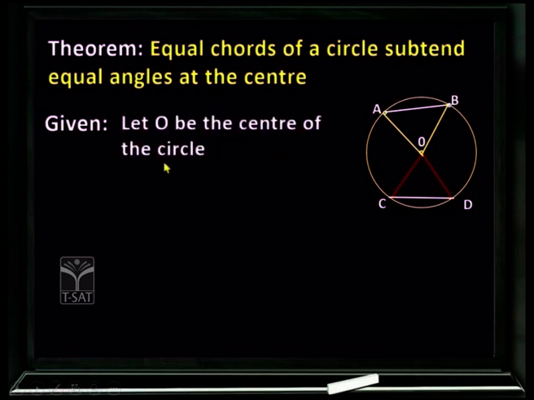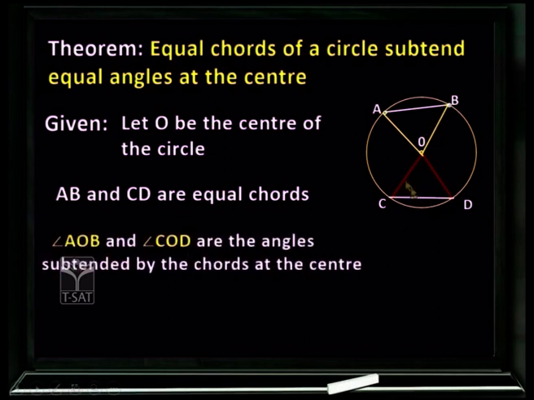Let O be the center of the circle, AB and CD are equal chords. Angles AOB and COD are the angles subtended by the chords at the center. This is AOB. AOB is called the angle subtended by chord AB at the center, and COD is the angle subtended by the chord CD at the center.